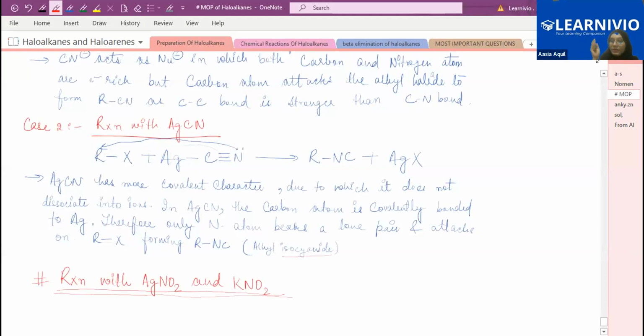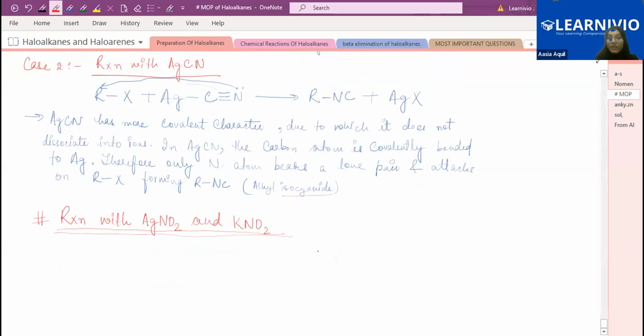So just remember, when you use KCN or NaCN, cyanide is formed. But when you use AgCN, the attack is from the nitrogen side, and alkyl isocyanide will be the product. Just remember the difference between these two.